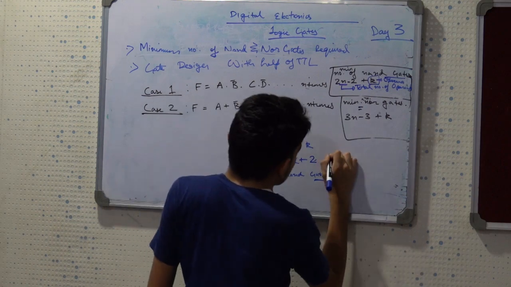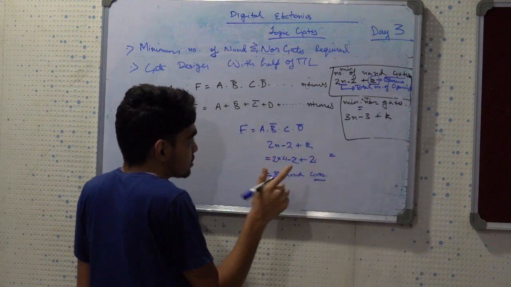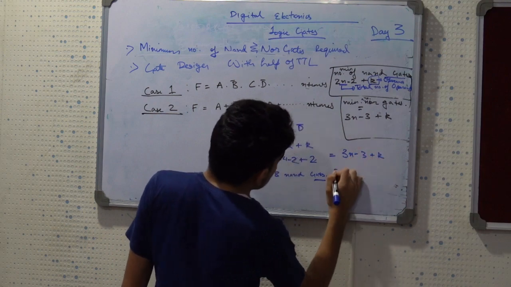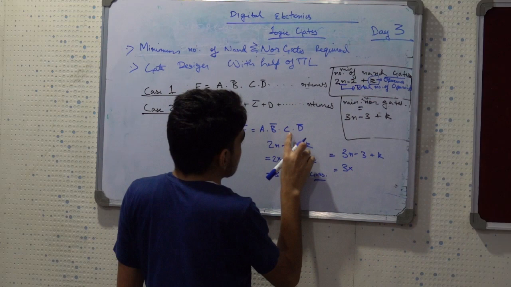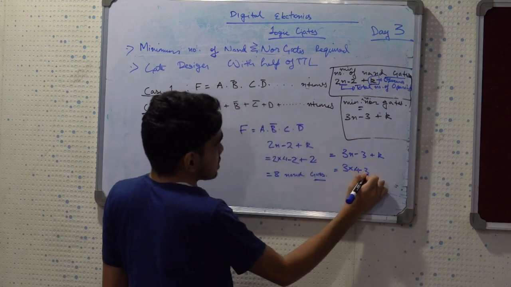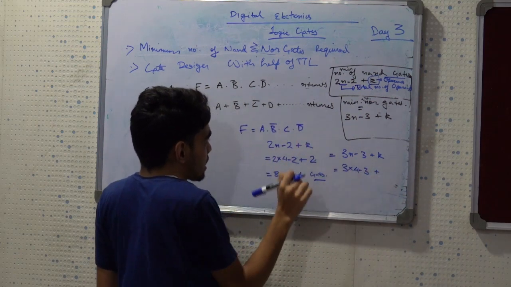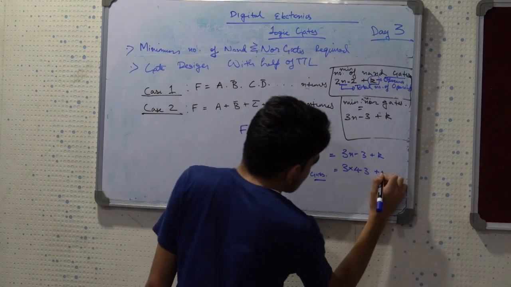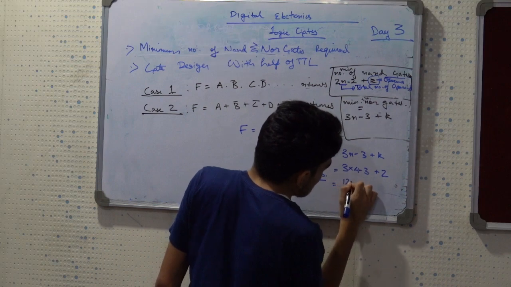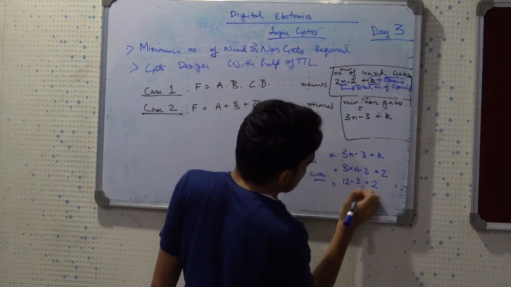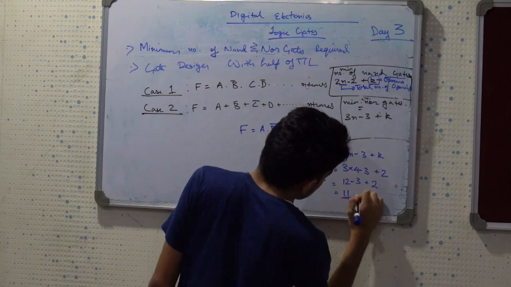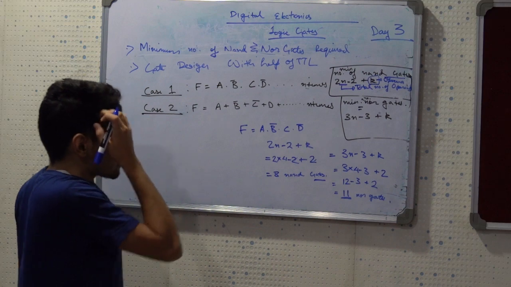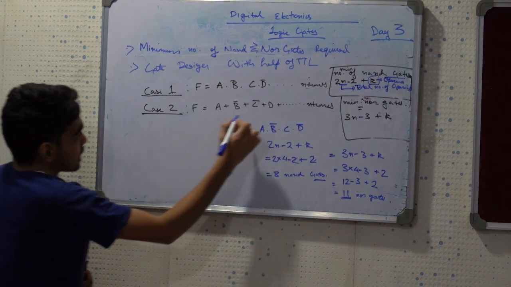So it is 3 into 4 minus 3 plus k, where k is 2 variables in complement. So 3 times 4 is 12, minus 3 plus 2, which is 11 NOR gates minimum required. Similarly, let me consider case 2.